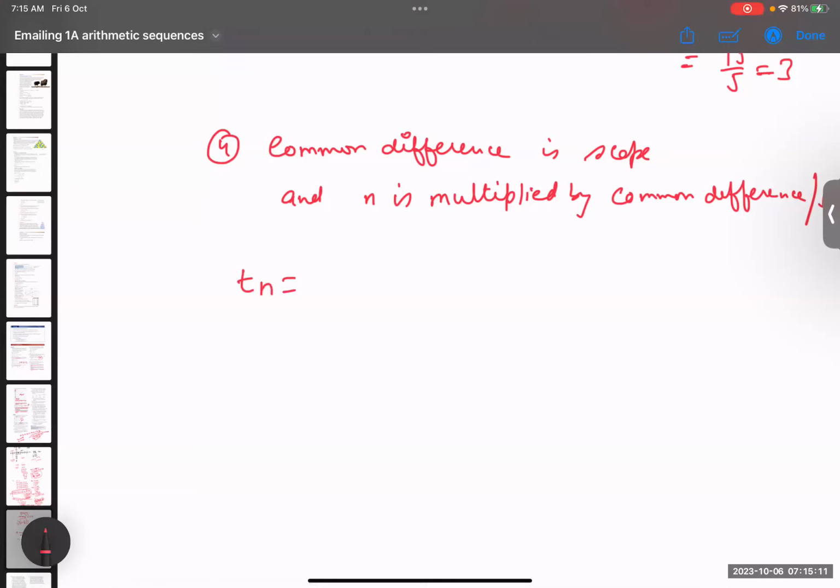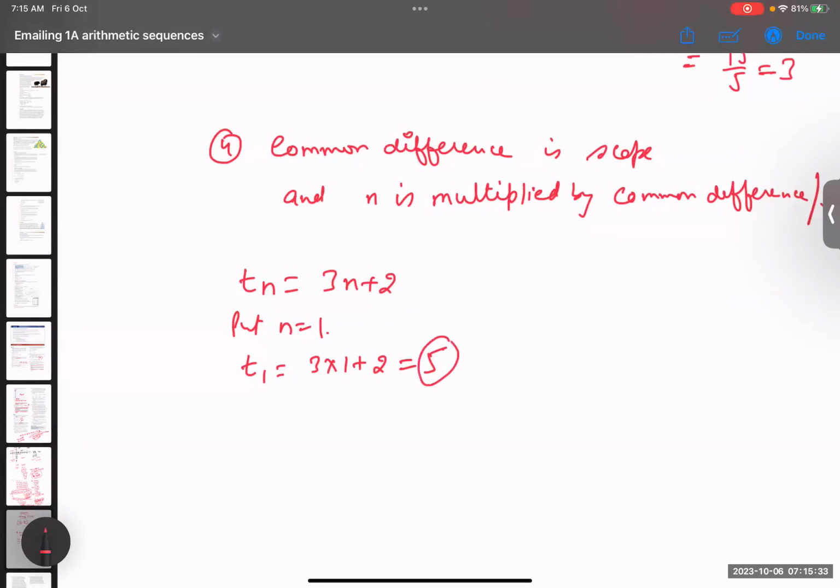What is T1? 3 into 1 plus 2. What is the final answer? That's what I'm asking for. 5.